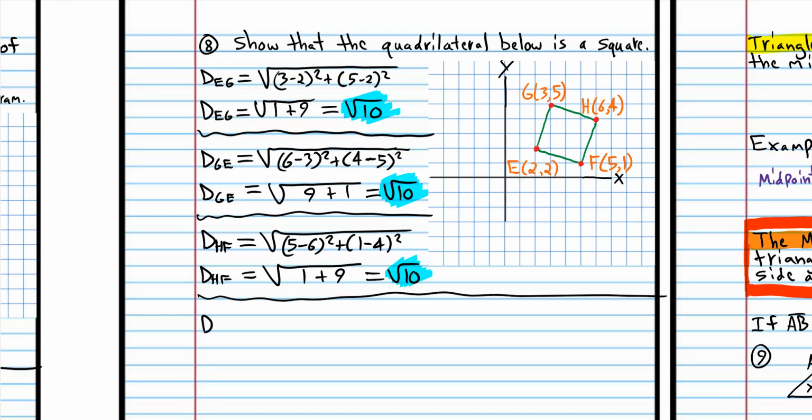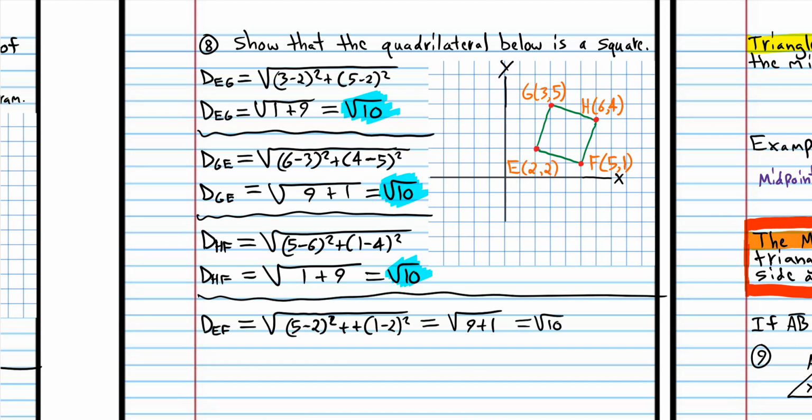Now we have to find the distance between E and F. So that would be, using E as point 1, we have 5 minus 2 squared plus 1 minus 2 squared. And we have root 9 plus 1, which is root 10.